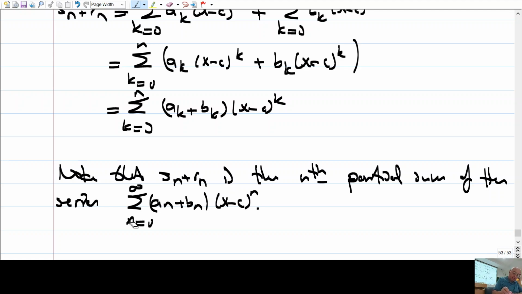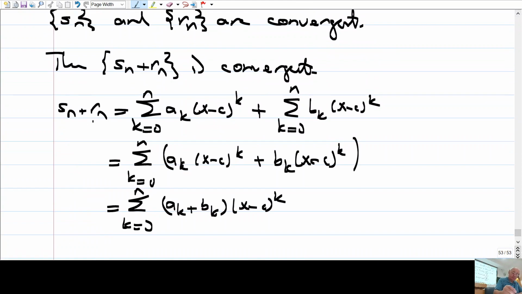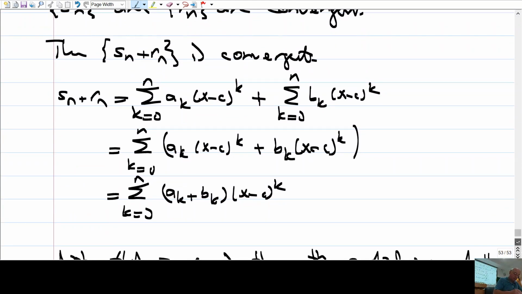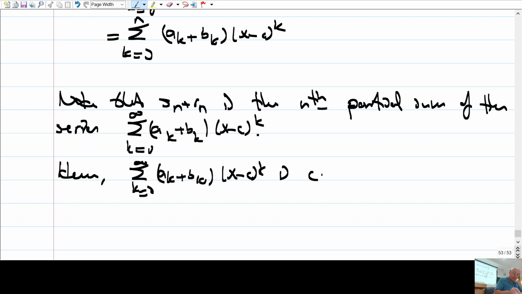The nth partial sum, let me write it with k so that the notation is consistent, right? This is nothing but the nth partial sum of this series, and we know that this is convergent, hence this is convergent.